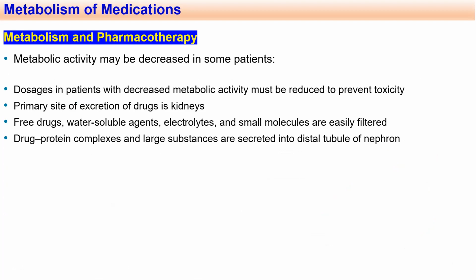So metabolic activity may be decreased in some patients, like infants and older adults, patients with severe liver disease, patients with certain genetic disorders. So the dosage in patients with decreased metabolic activity must be reduced to prevent toxicity.